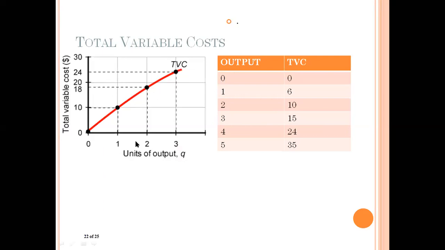Very good. It is S-shaped because, yes, it directly depends on change in output. First it increases at a diminishing rate, and then it increases at an increasing rate.